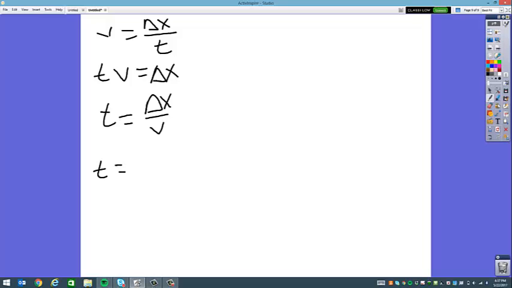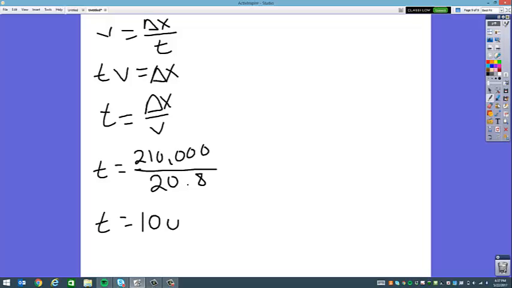Again, it was 210 kilometers. So that's going to mean it's 210,000 over my velocity, which was 20.8. So my time is 10,096.15.